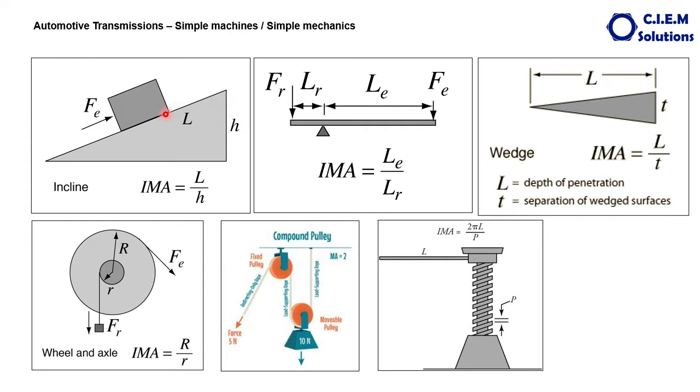Suppose this is around 2.5 meters and the height is around 1 meter. 2.5 divided by 1 is the IMA, meaning 2.5 is the ideal mechanical advantage by using this inclined plane. Here, in the case of the lever, suppose this is 4 meters and this is 1 meter. E is the effort applied, the force applied at this end, and R is the resistance.